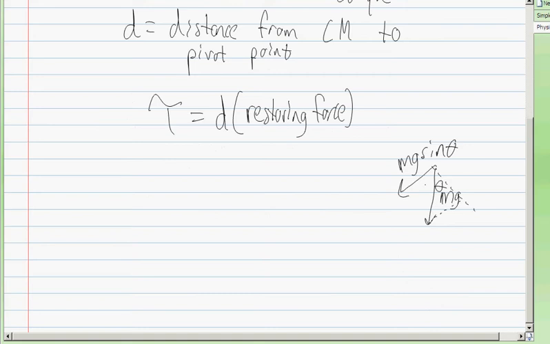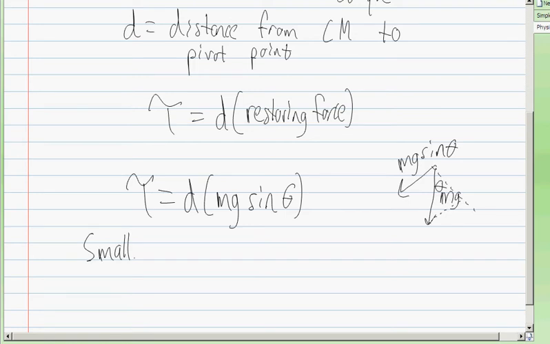And that means that the torque is going to be d times mg sine of theta, which again we use the small angle approximation to call this torque equal, I'm going to call that minus because it's restoring. Okay. It is going to be minus d mg theta.